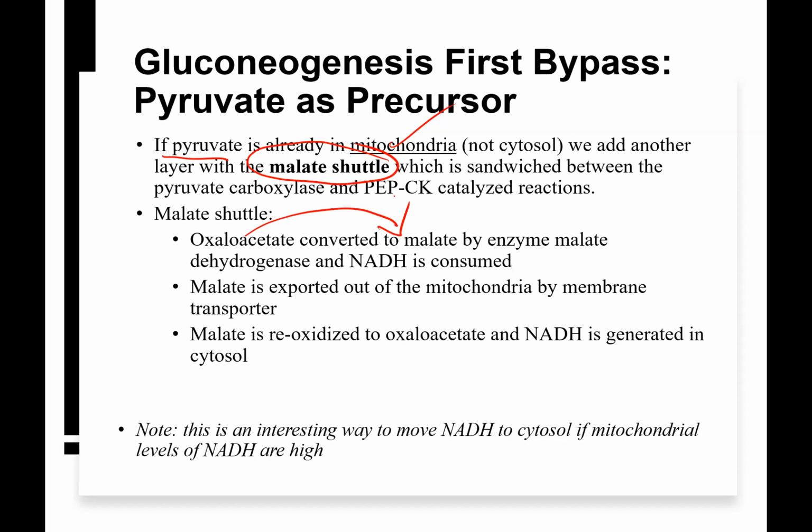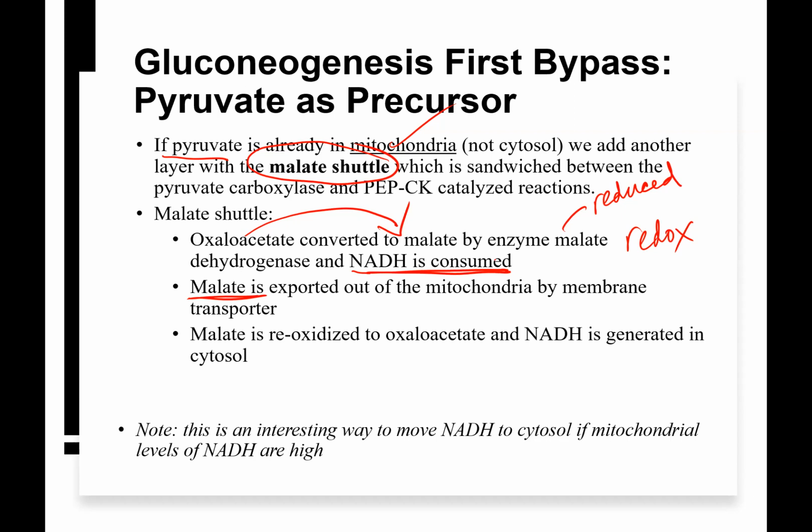And then malate is exported out of the mitochondria by a membrane transporter. Now, the most important thing to recognize here is this is a redox reaction where malate is the reduced species and NADH is consumed, i.e. it's oxidized, okay?